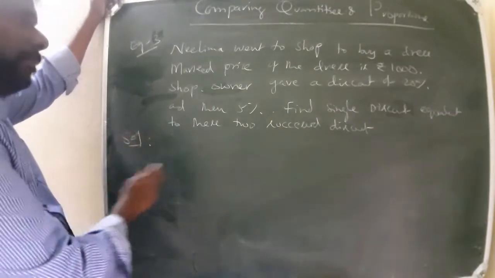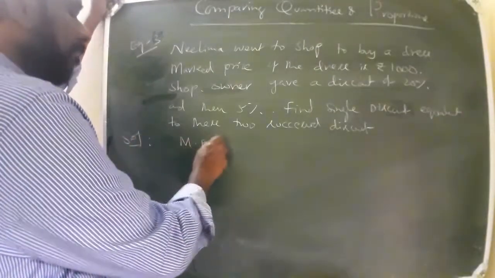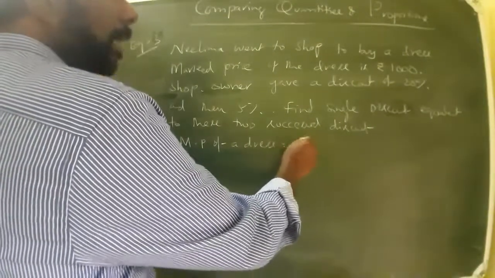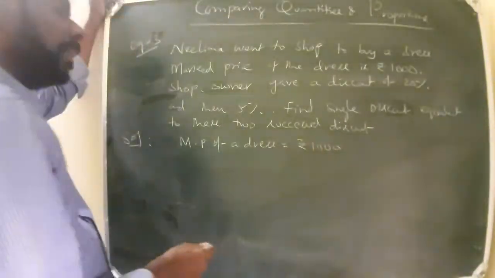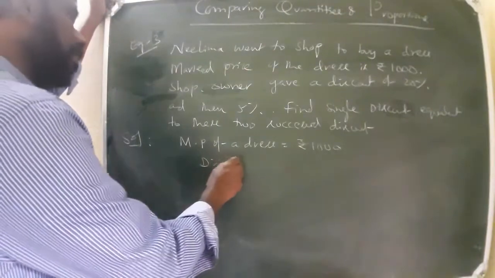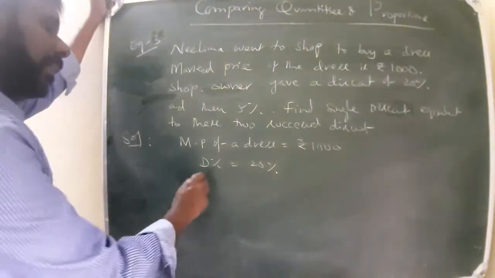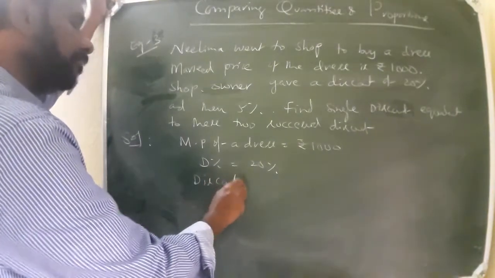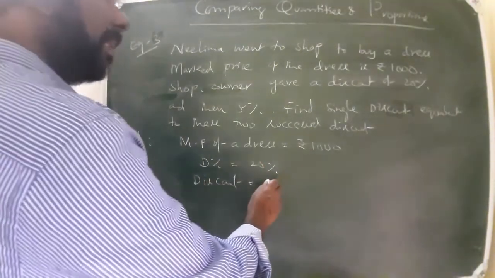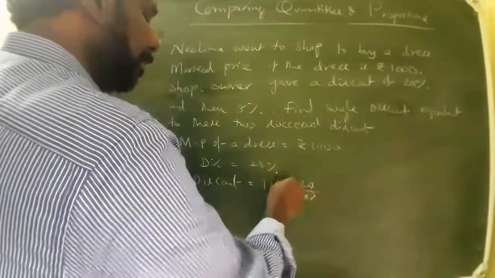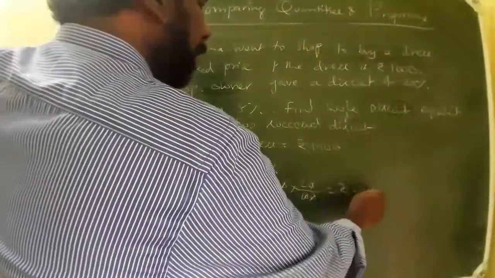First of all, here MP of the dress is rupees 1000. The first discount percent is 20%. So now you find the discount: 1000 into 20 by 100, zeros cancel, rupees 200.